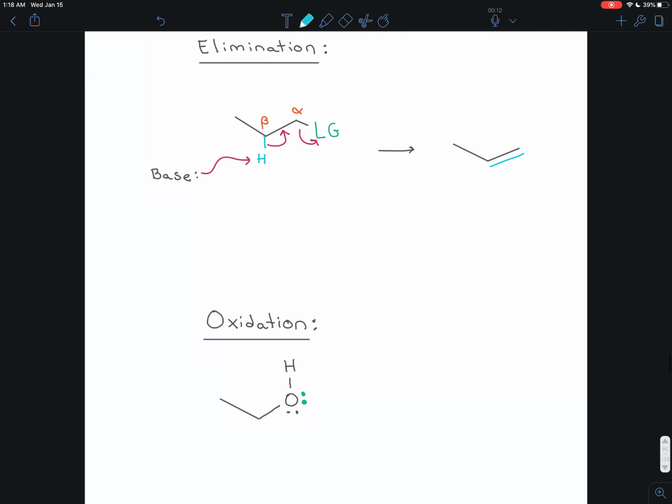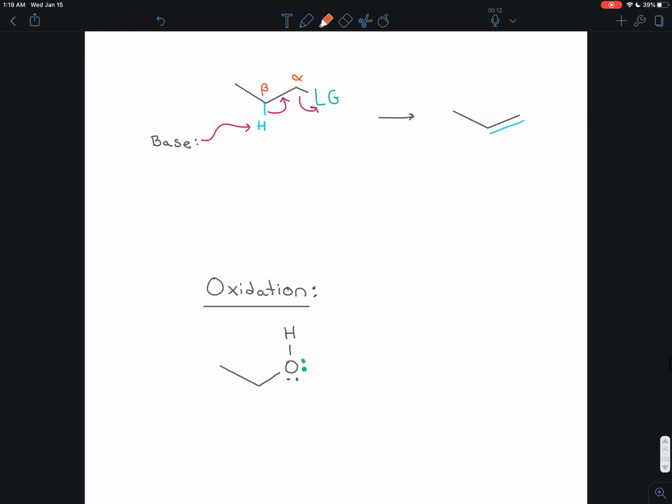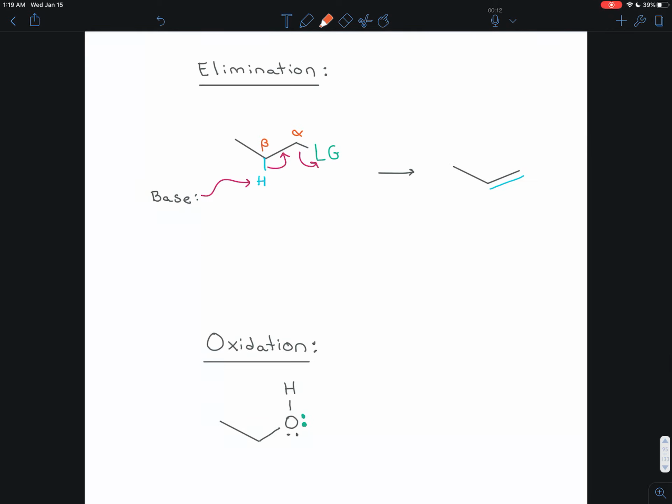Now imagine doing that same sort of process, but with the alpha carbon being an oxygen. If that were an oxygen, you would start with just one bond to it, and you'd end with two bonds to it. That would be an oxidation. So that's what you do when you oxidize alcohols.